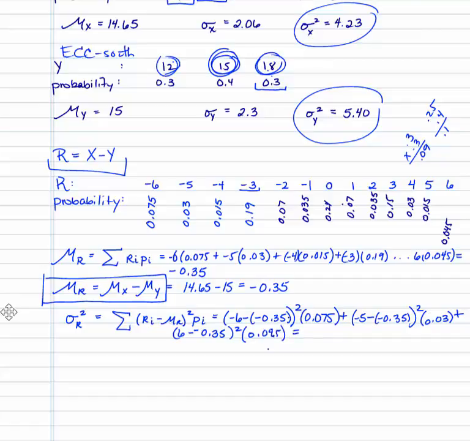Standard deviation. What ends up happening for the standard deviation is 9.63 when you calculate it. If you remember from the one we just did, standard deviation was also 9.63. If you take the standard deviation for the x and the standard deviation for the y, we still want to add them. 4.23 and 5.4.